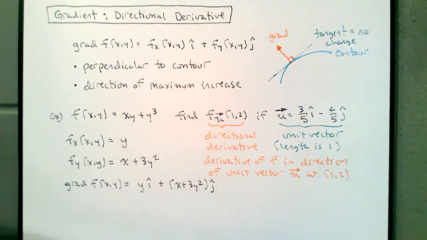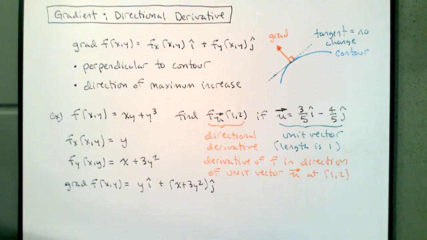I haven't told you how to calculate the directional derivative. It does have something to do with the gradient. So I have this gradient vector that we built, and I have this unit vector. So presumably the directional derivative is some combination of those two vectors.